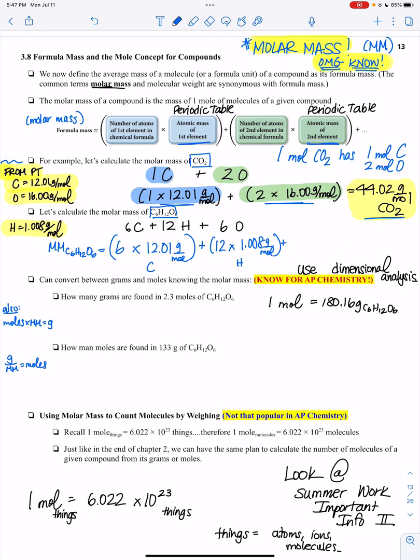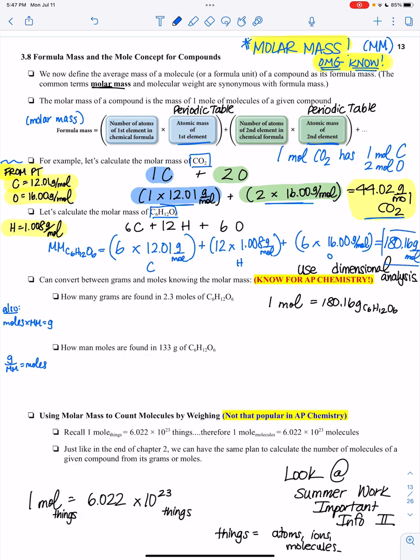I add that to 6 times 16.00 grams per mole. This would be the molar mass of oxygen. And I had to multiply by 6 because there are 6 of them. If I add and do all that math together, I should get about 180.16 grams per mole.